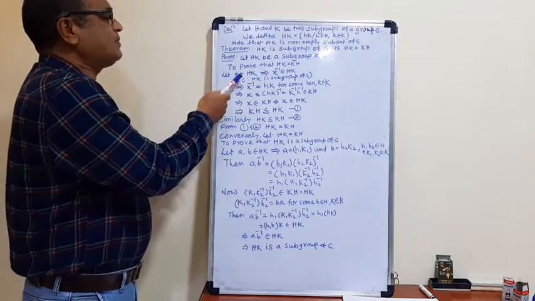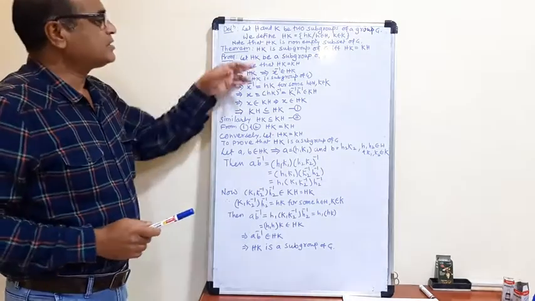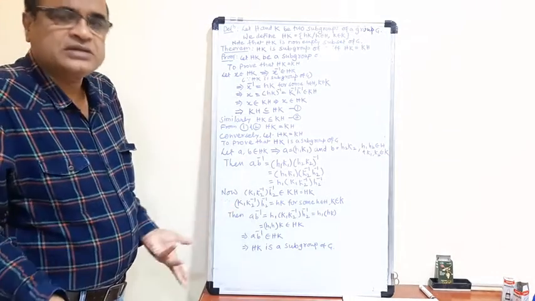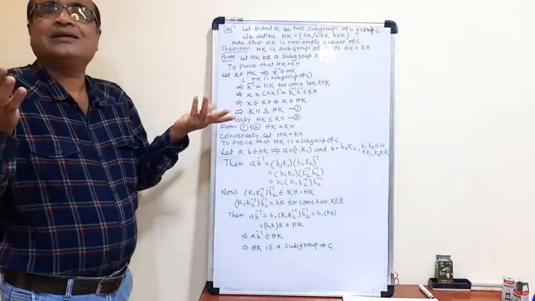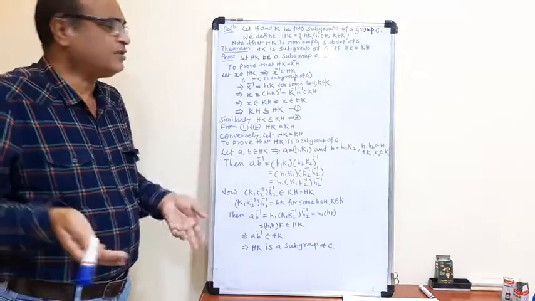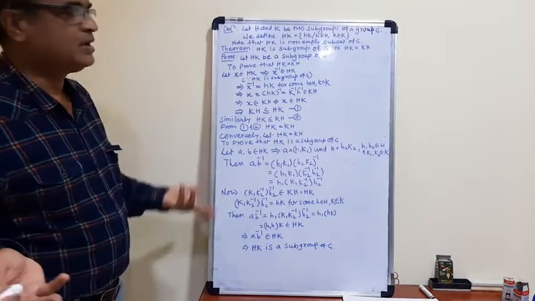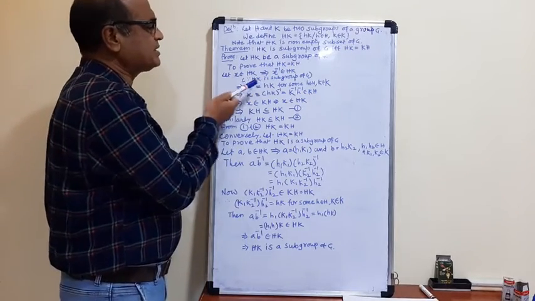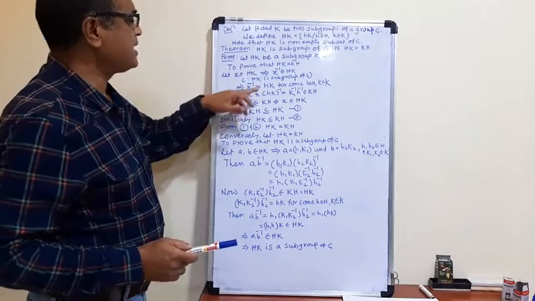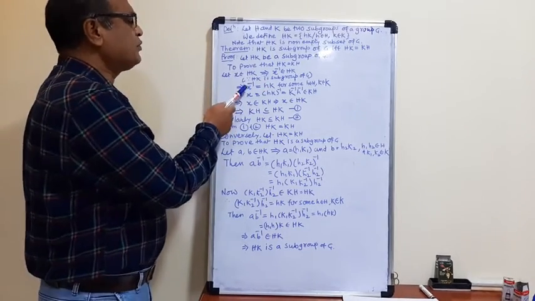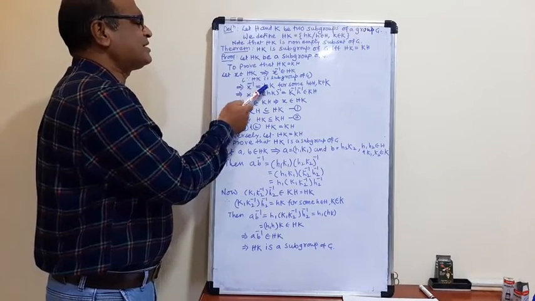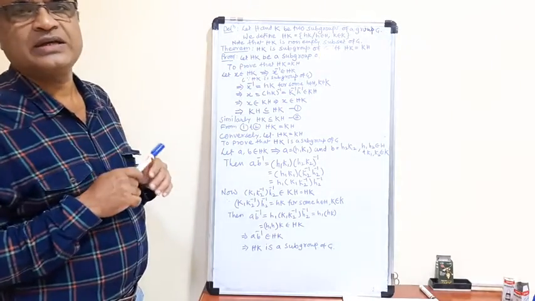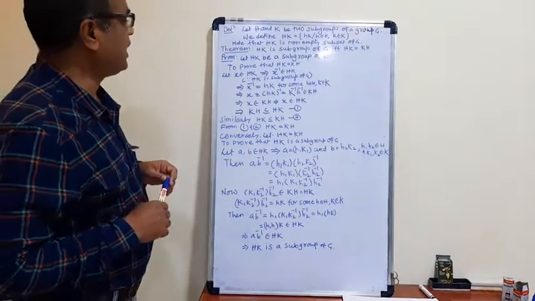So x inverse is equal to some hk, for some h belonging to capital H and k belonging to capital K.